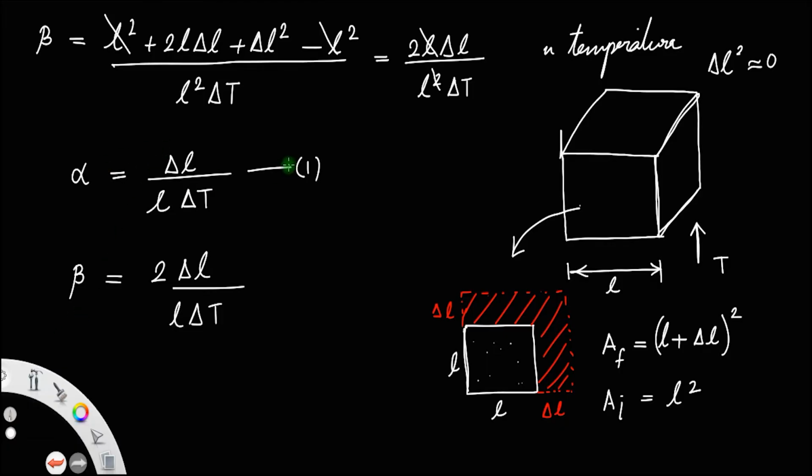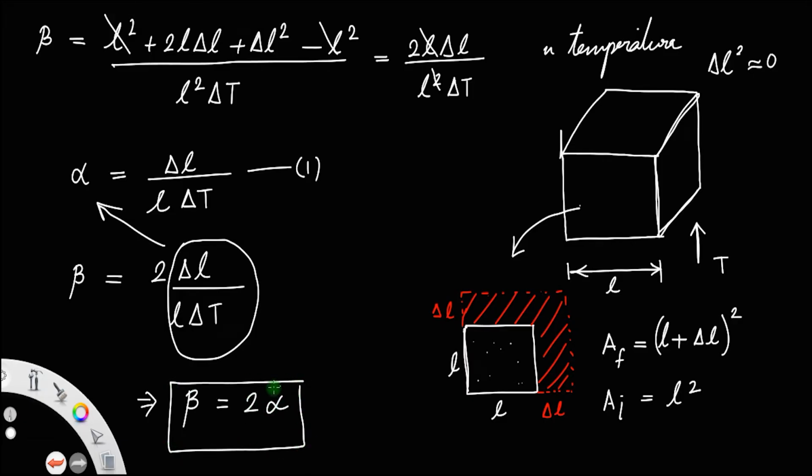If you compare with equation number 1, this term is alpha, which implies beta is equal to 2 times alpha, or the coefficient of superficial expansion is 2 times the coefficient of linear expansion.